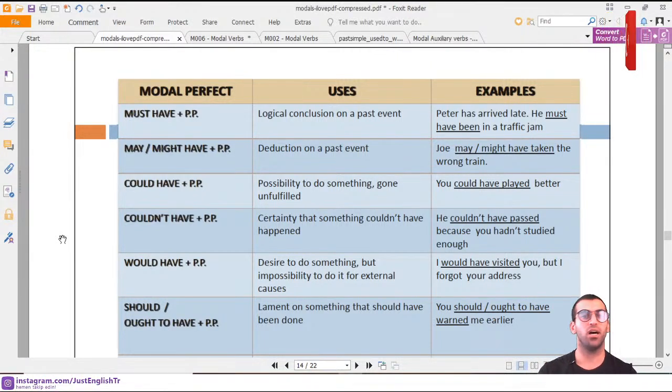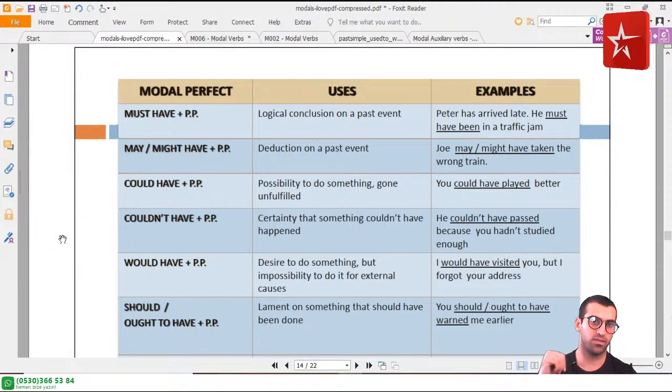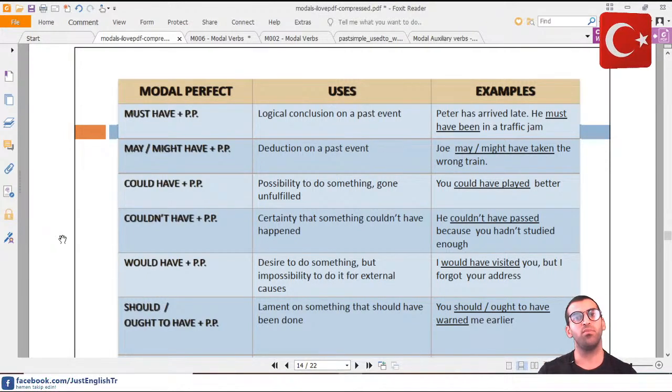Could have plus past participle. It means a possibility to do something gone unfulfilled. For example, Manchester City lost the game.